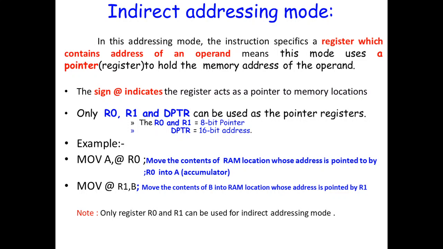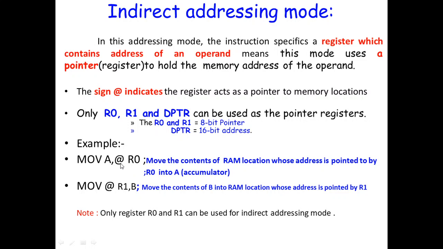I am not giving the direct address here; my address is in R0. R0 works as a pointer pointing to the memory location. From that memory location, take the data and pass it to the accumulator. That's why I am writing the instruction MOV A, @R0.